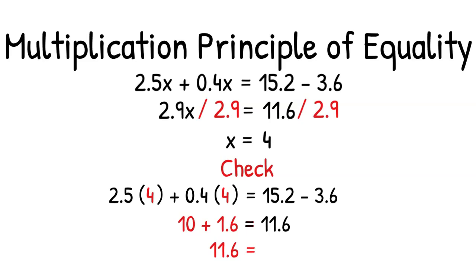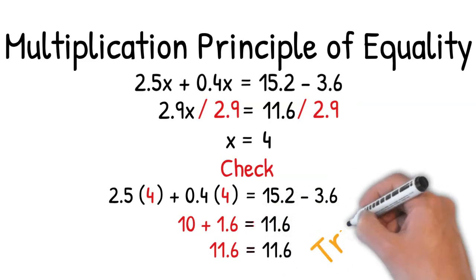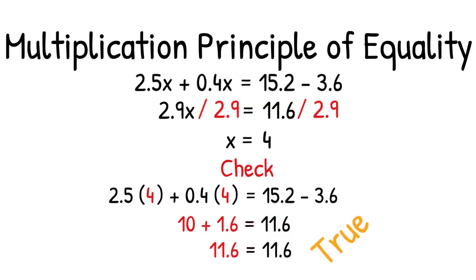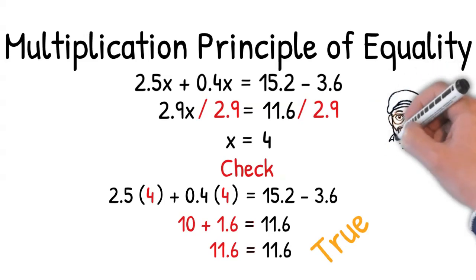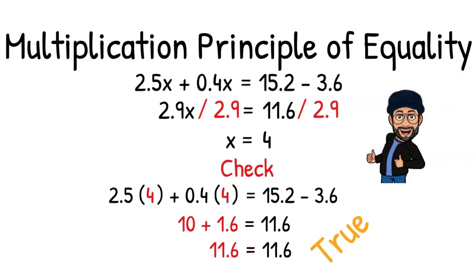And 11.6 is equal to 11.6, so it's true. Therefore, x is equal to 4 is a solution for the equation 2.5x plus 0.4x is equal to 15.2 minus 3.6.